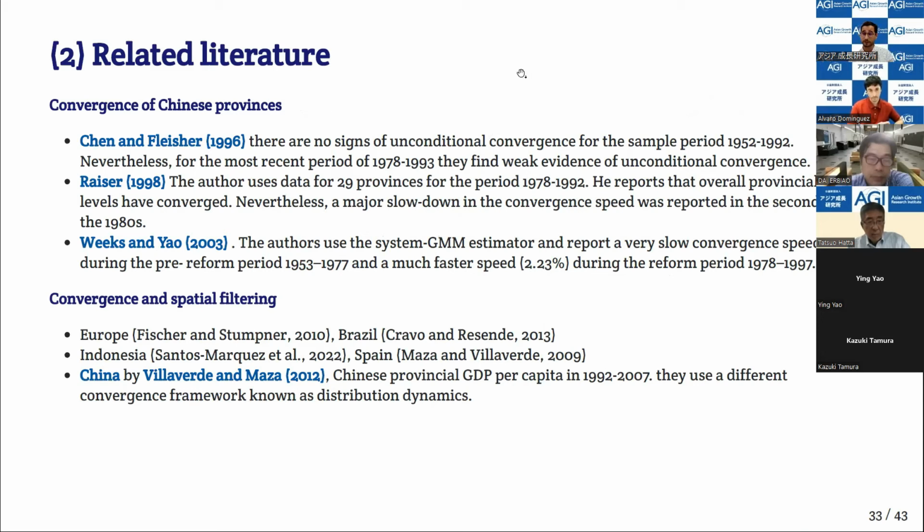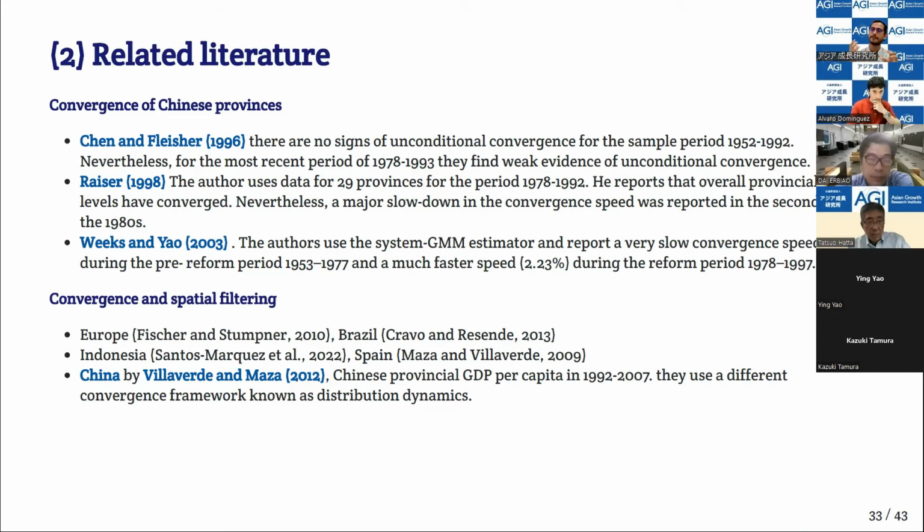In terms of convergence and spatial filtering, we have other examples, such as the paper by Fischer and Stumpner, in which they used regions in Europe, filtered income per capita, and then studied convergence. We also have some studies for Brazil, one study for Indonesia that I wrote with a colleague from the Department of Planning of Indonesia and with Carlos Mendes from Nagoya University. We have some studies for Spain, and we also have a study for China.